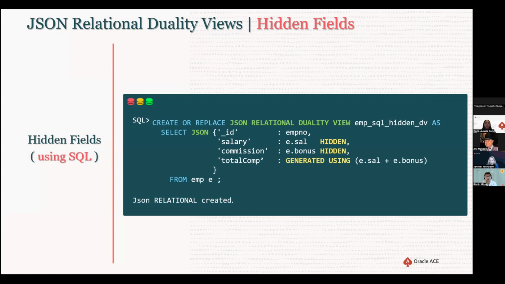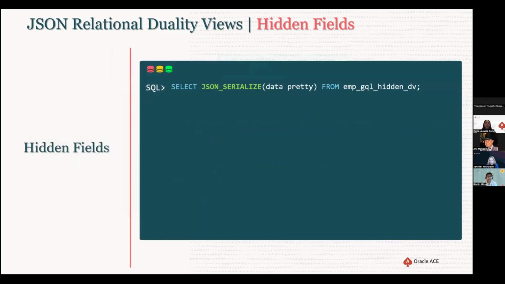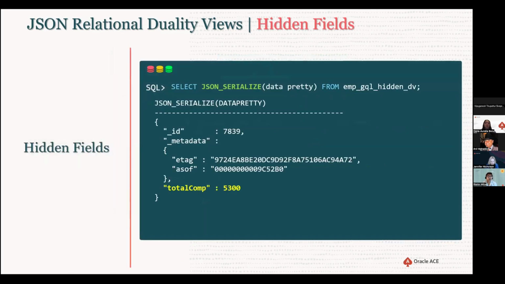And in the output document, we do not need the salary and commission. So we just use the hidden keyword after the column. As a result, if I now query my view, it just shows me the total compensation. It doesn't show me the other two columns which I had used, which is kind of a handy feature.